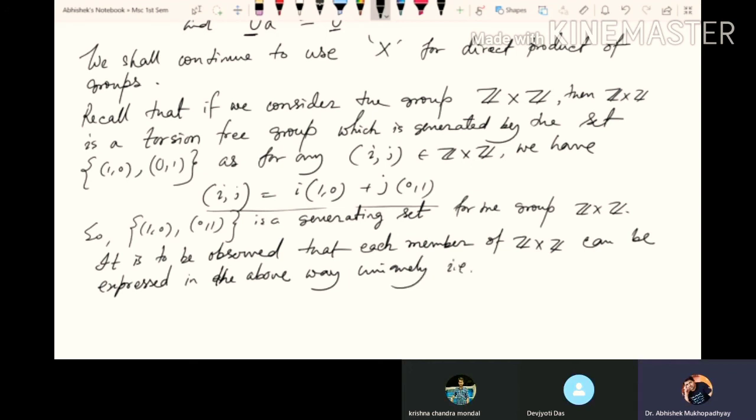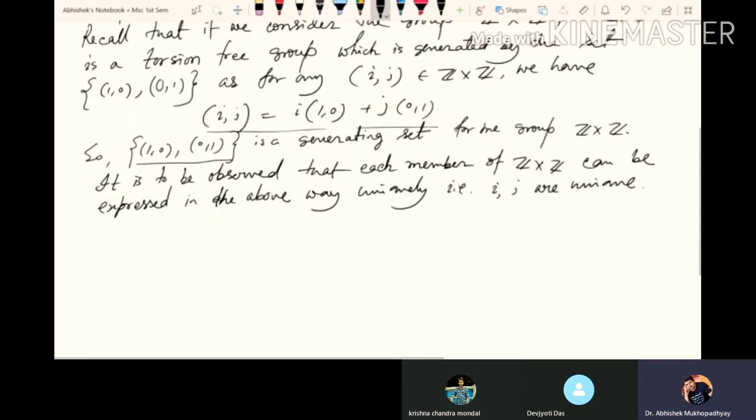That means i and j both are unique. So this way of representation of any element of Z cross Z is unique. So this is a special property which this set enjoys.